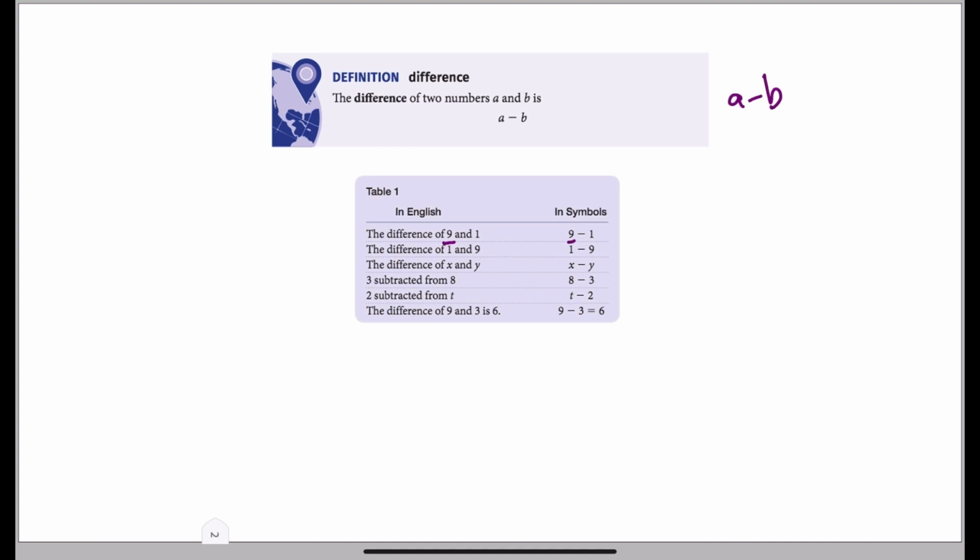If I say I'm going away from here, then I started here and I'm leaving. That's what this 8 minus 3 represents. 2 subtracted from t, a number t. Now this one is actually an equation: the difference of 9 and 3, so we subtract 9 and 3 in that order, is 6. And that's a true statement.